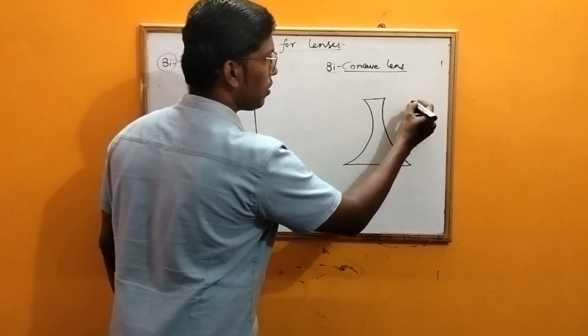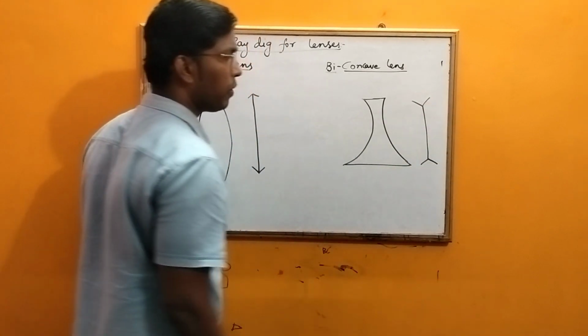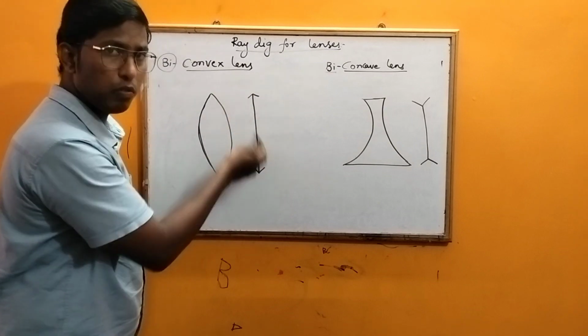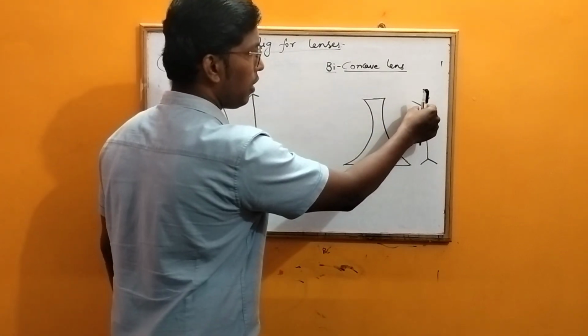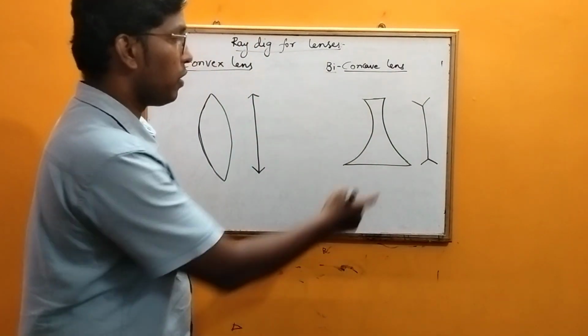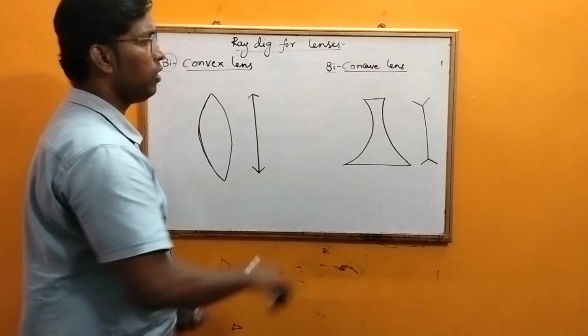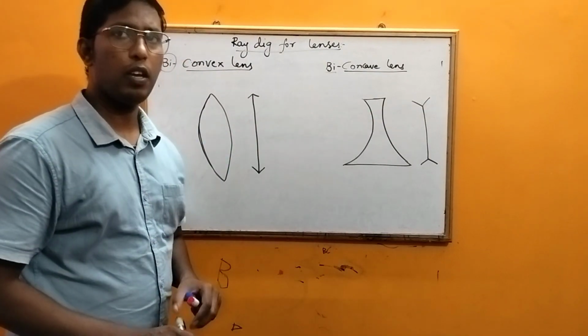And the symbol for a biconcave lens: here one straight line with arrows, and you can see the shape. So these are the representations of biconvex lens and biconcave lens.